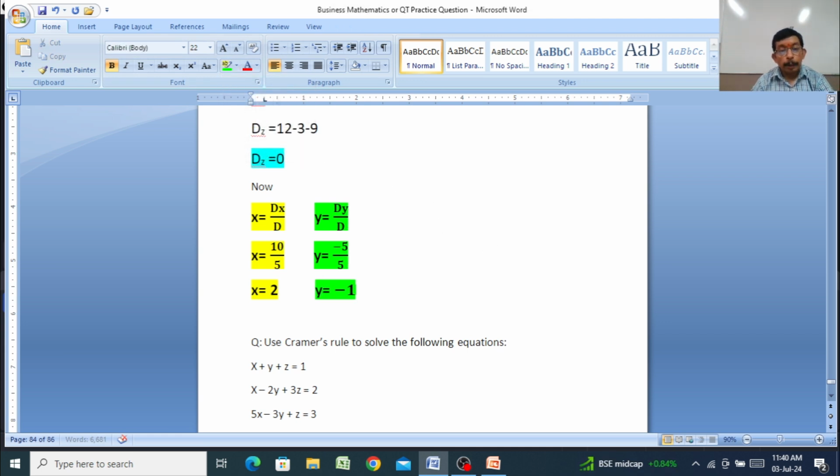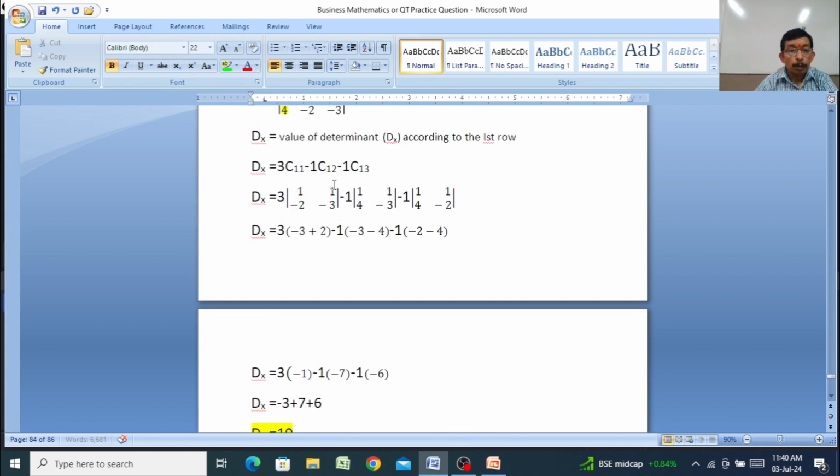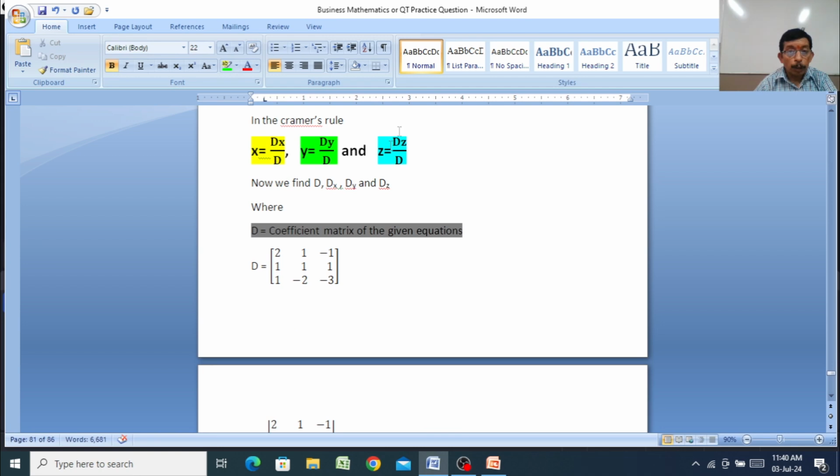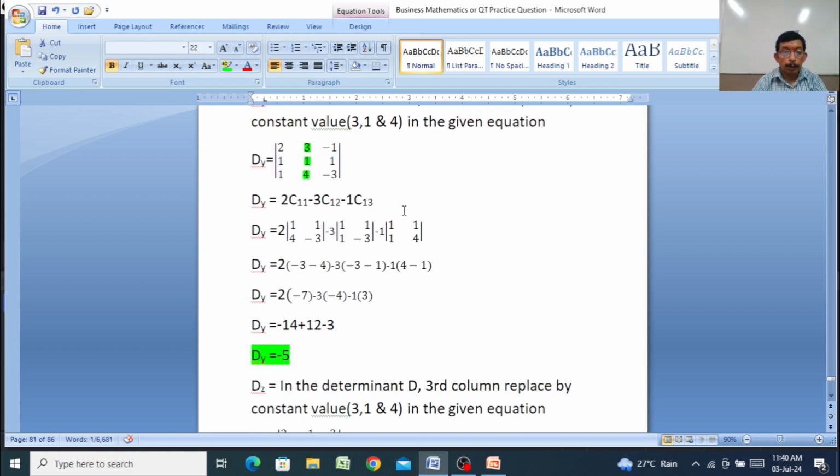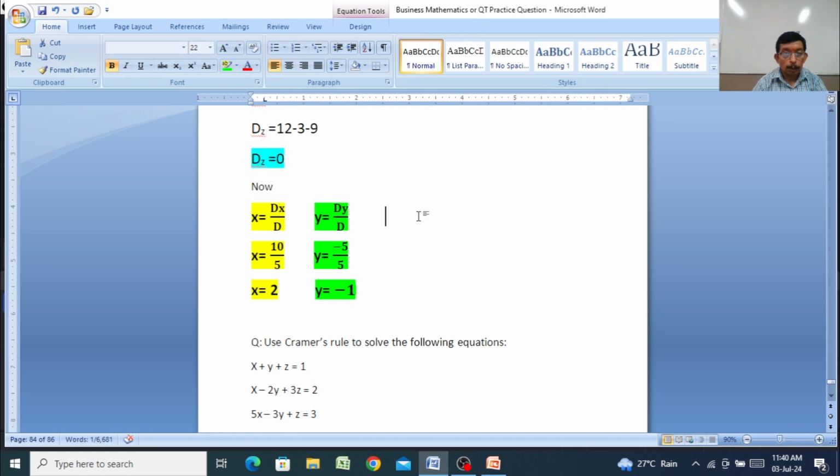Now we take the next value z. Z is equal to dz upon d. Note down the value of z. Now put the value of dz is equal to 0 and d is equal to 5.